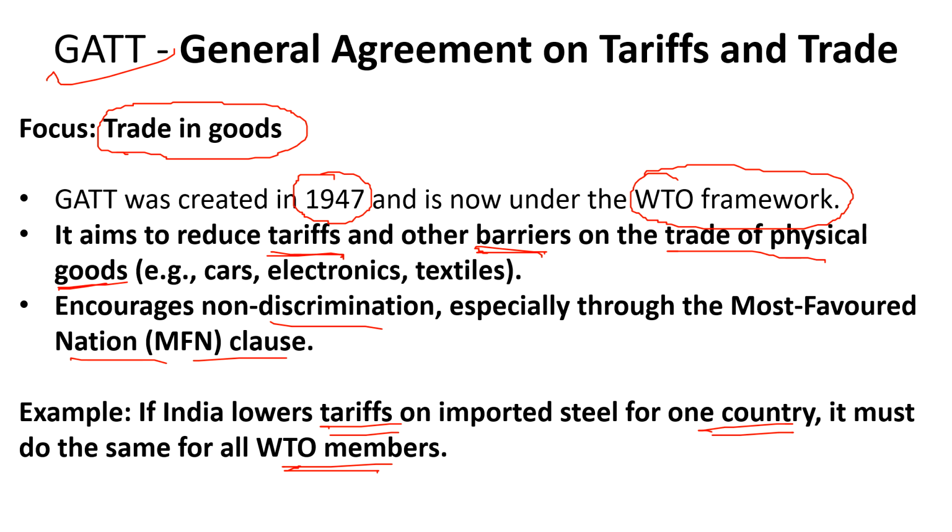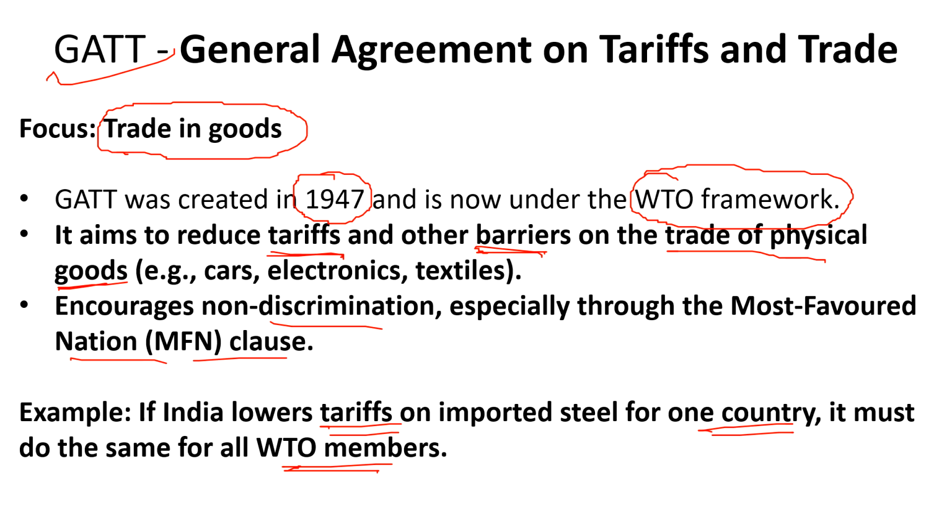So in terms of trade of physical goods, no country should discriminate against any other WTO member. Right? So GATT is the agreement which is giving the benefit to all countries for trading in physical goods, with low tariffs, low barriers, and non-discrimination facilities. Clear? Understood? Remember all those points.